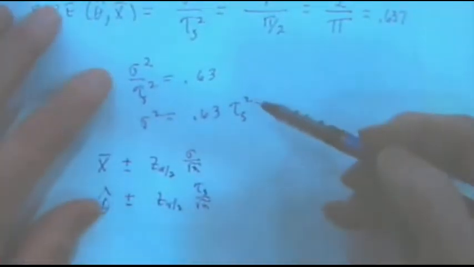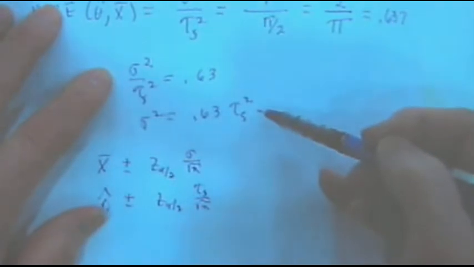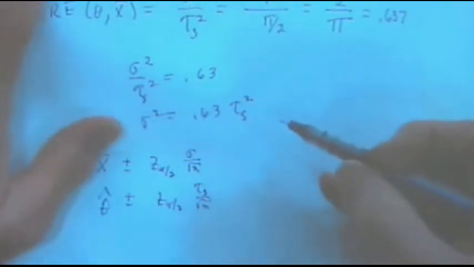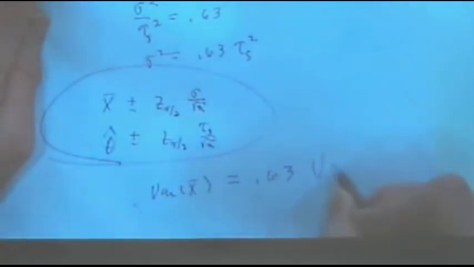You can see it directly too. The variance of x bar is 0.63 times the variance of the sample median. Just forget about the n's; you can divide each of these by n. So you can either see it this way, or you can go back to the formula and say the variance of x bar is 0.63 times the variance of the sample median.